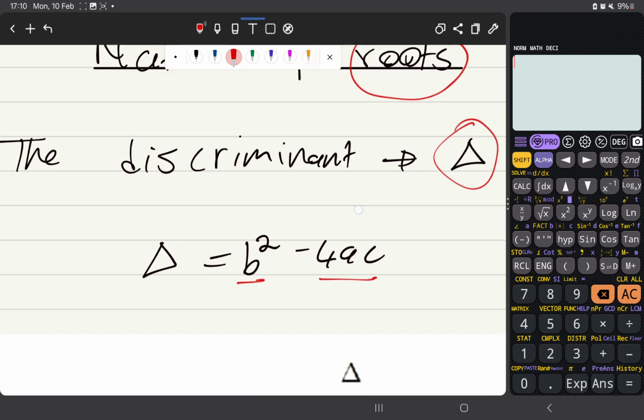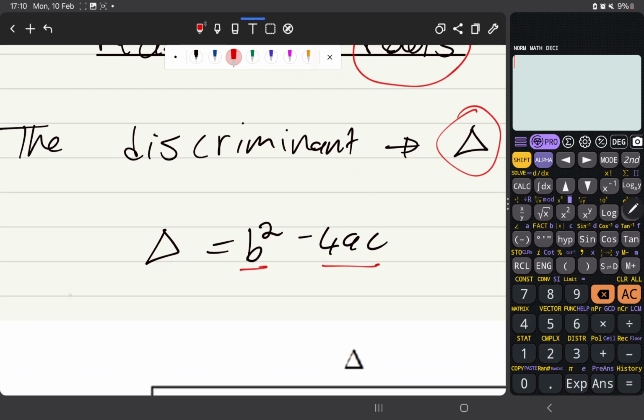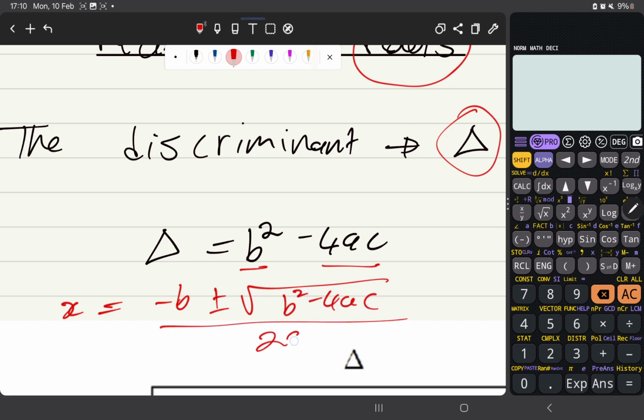Quadratic formula says x is equal to minus b plus or minus the square root of b squared minus 4ac, divided by 2a. So whatever is inside the square root is our discriminant, and it tells us the nature of the roots.